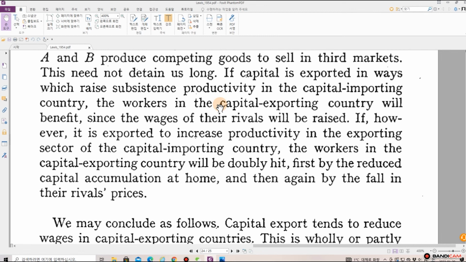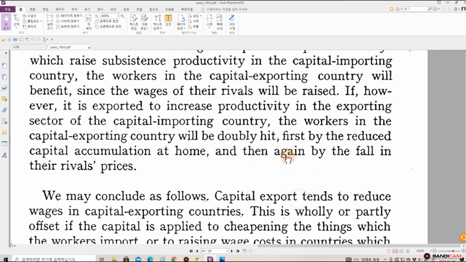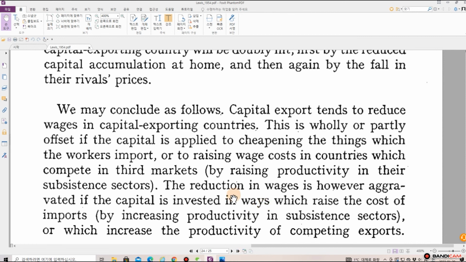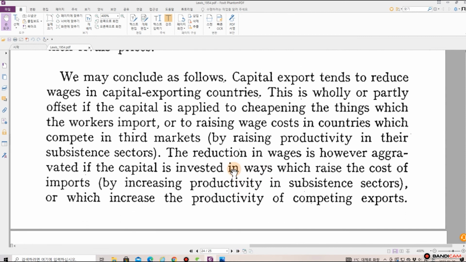If, however, it is exported to increase productivity in the exporting sector of the capital importing country, the workers in the capital exporting country will be doubly hit. First by the reduced capital accumulation at home, and then again by the fall in their rivals' prices. We may conclude as follows. Capital export tends to reduce wages in capital exporting countries.